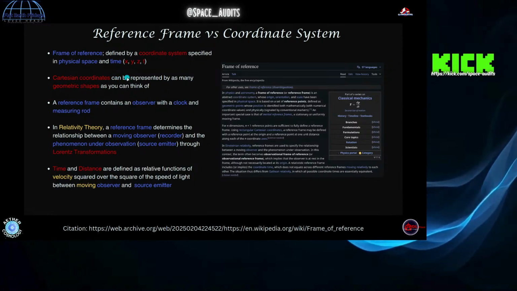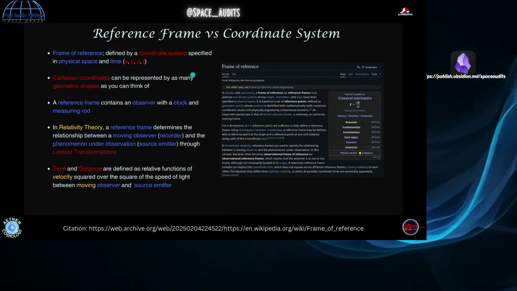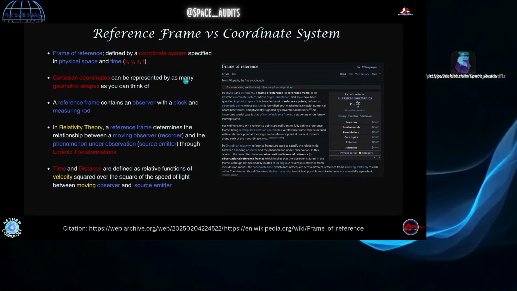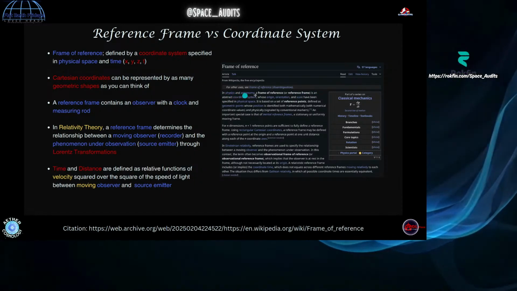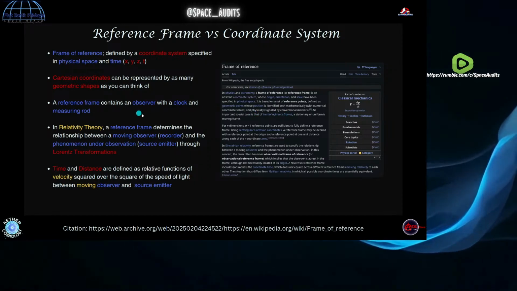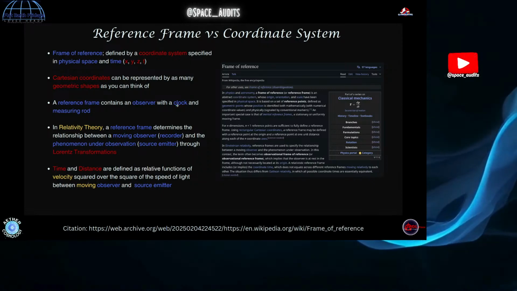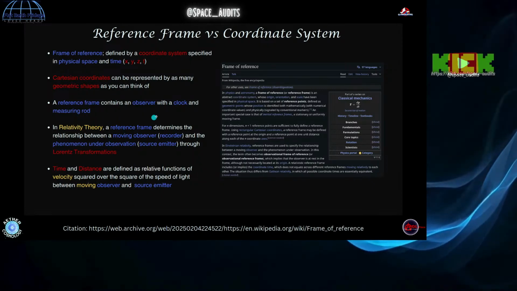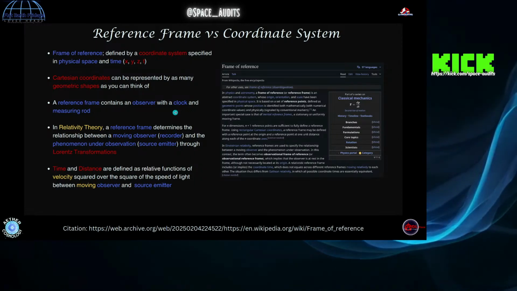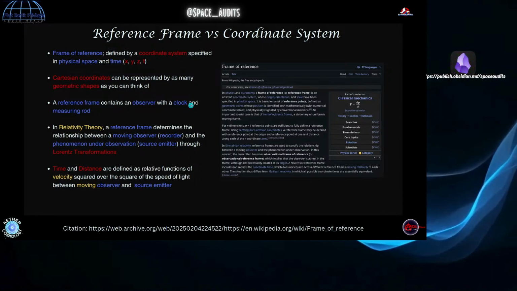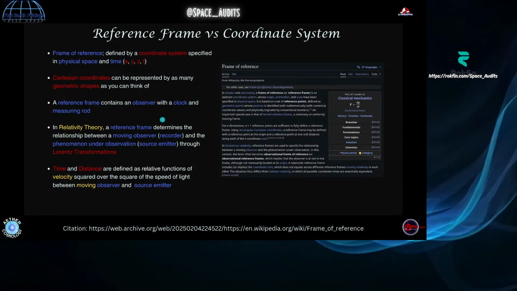So Cartesian coordinate systems can represent many different geometric shapes, and we'll go over some of those as we continue. A reference frame, you can think of it containing an observer with a clock and a measuring rod. So we're going to have instrumentation to take measurements. The human part isn't necessary, but I like to conceptualize a person using the clock or something. I don't know. Makes it easier.